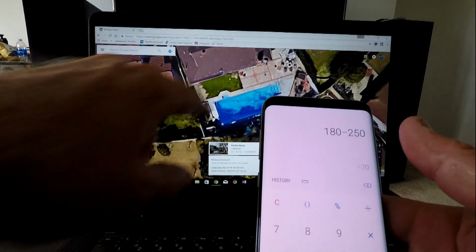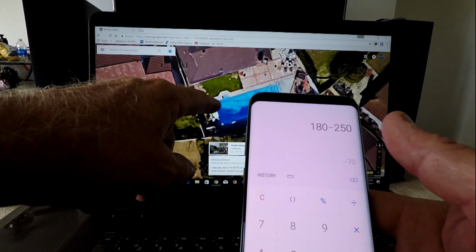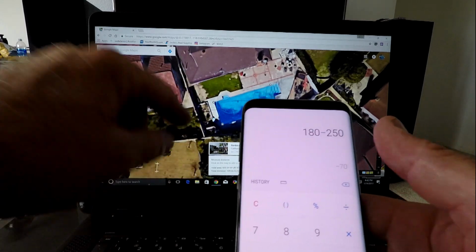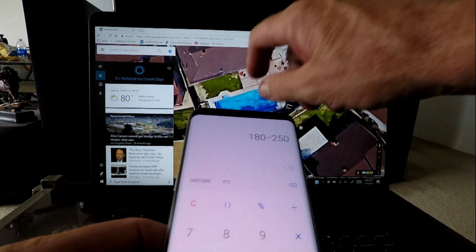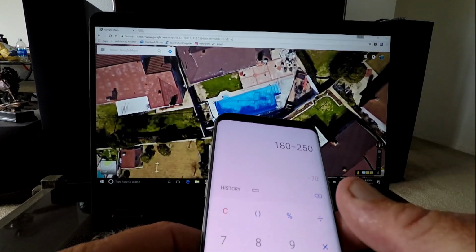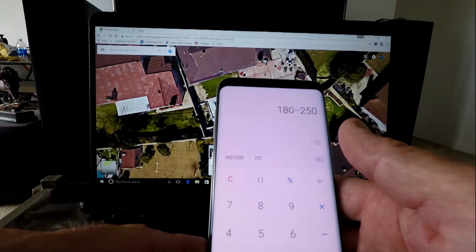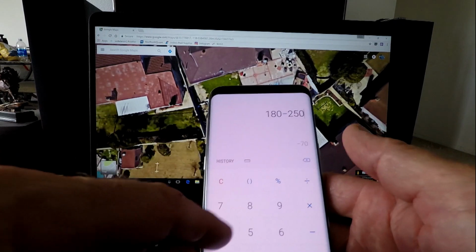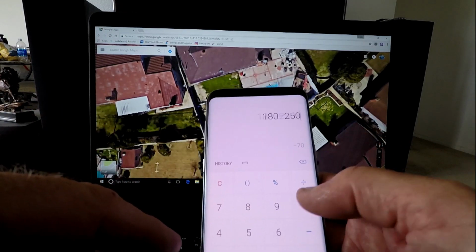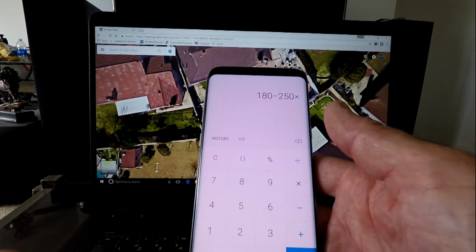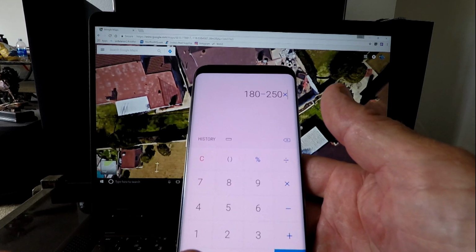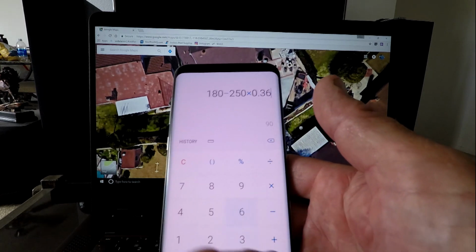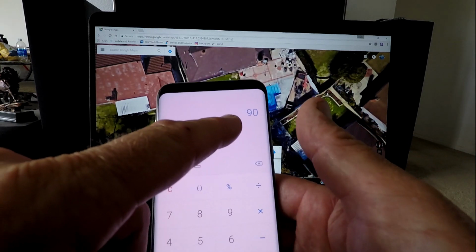So you have to subtract that conditioner out of there. Then you multiply by your fraction for your pH. Say a pH of 7.9 to 8.0 is a 0.36. So that gives us a 90 alkalinity.